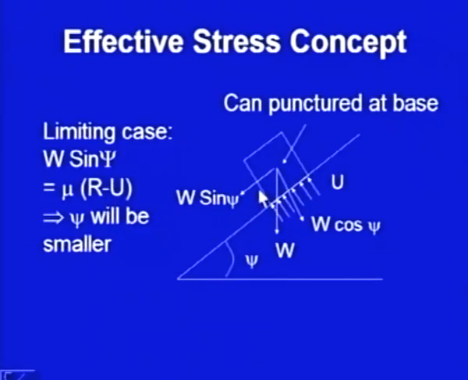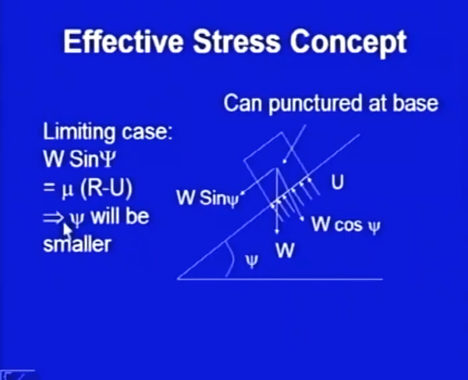So, now if you consider the equilibrium of this body, the destabilizing force is W sin psi, and the stabilizing force, the resisting frictional force which is developing here at the interface, will be equal to mu times (R minus U).